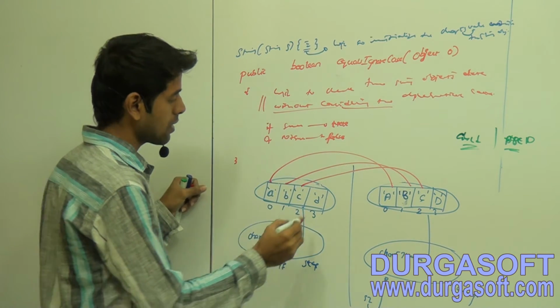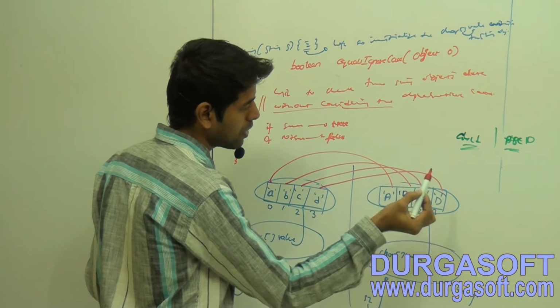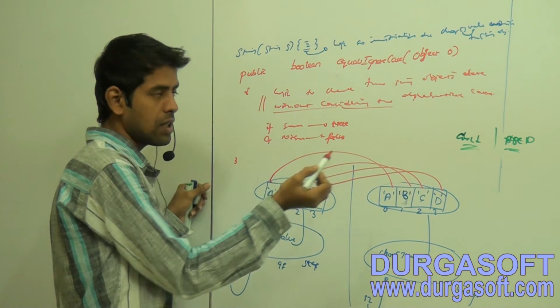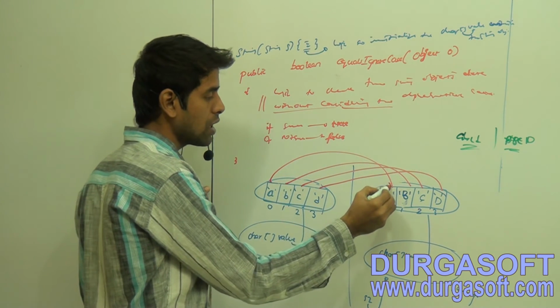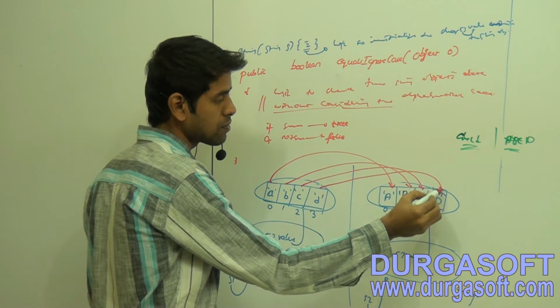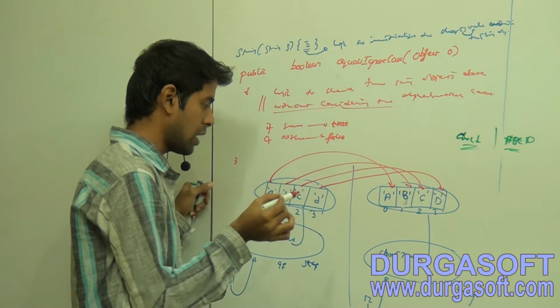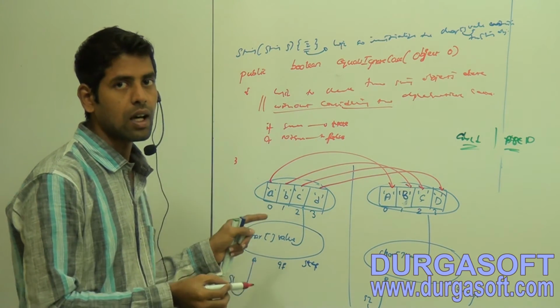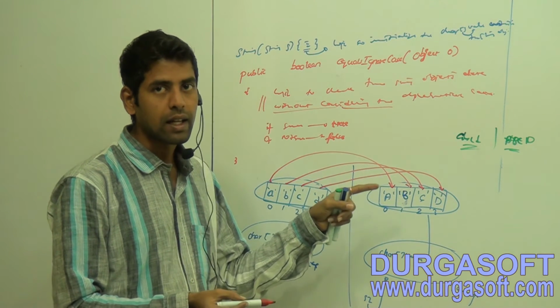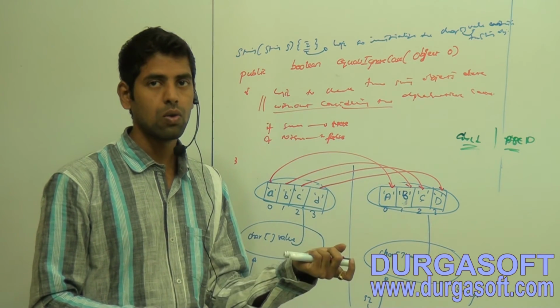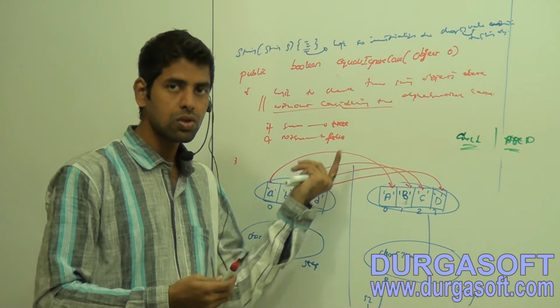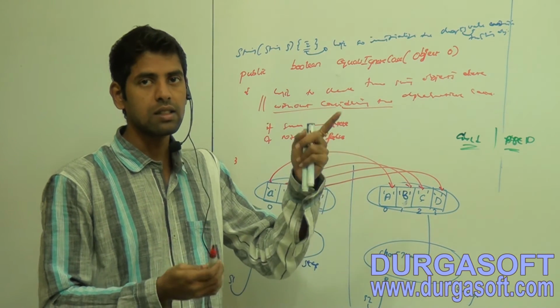Then I will take the third index and compare it with this one. If everything is fine, I will tell it is true. If any one character is not equal to the other string object's character, even after ignoring cases, I will tell that these two string objects' data is not the same.